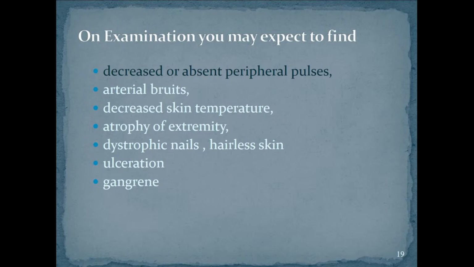On examination, what can you find? Decreased or absent peripheral pulse, arterial bruits, decreased skin temperature, atrophy of extremity, dystrophic nails, hairless skin, ulceration, gangrene.